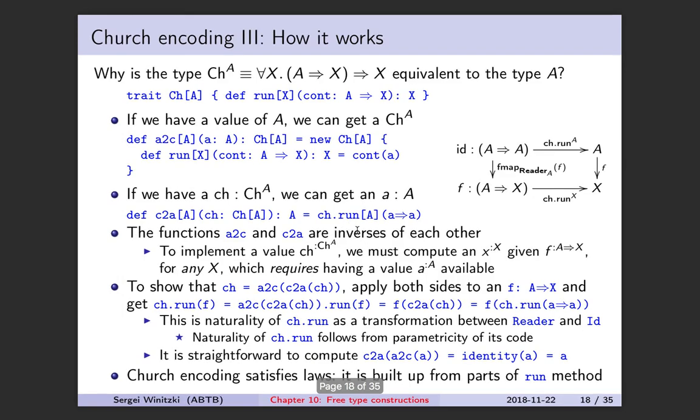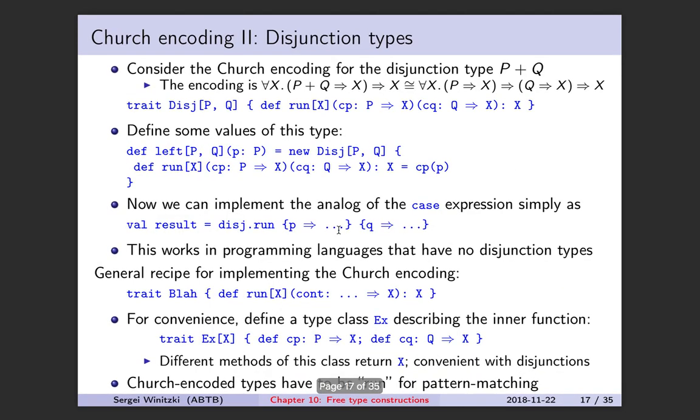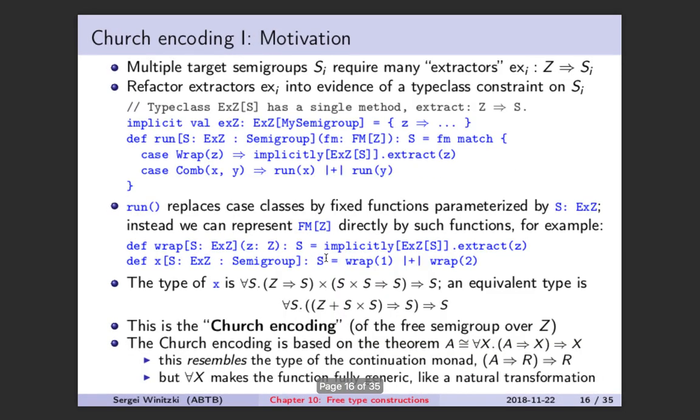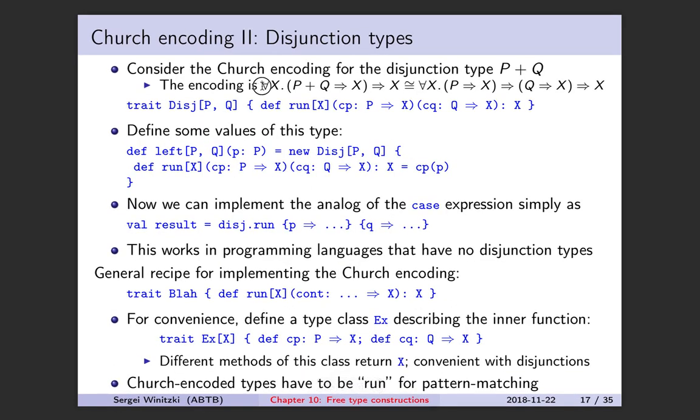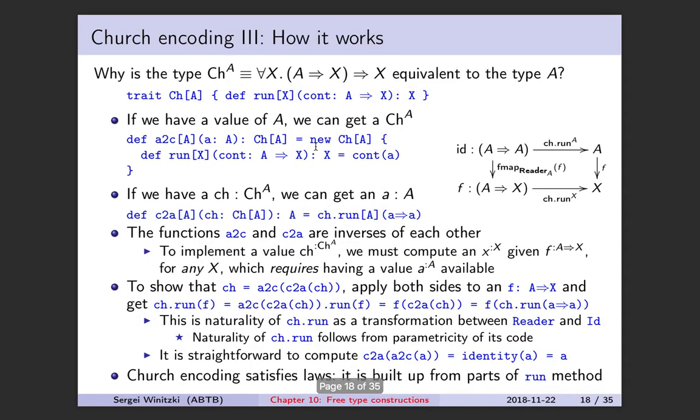We have just seen a universal quantifier in the code here and here. And the way to implement this universal quantifier was to have a method inside a trait, and the method was parameterized by this x.